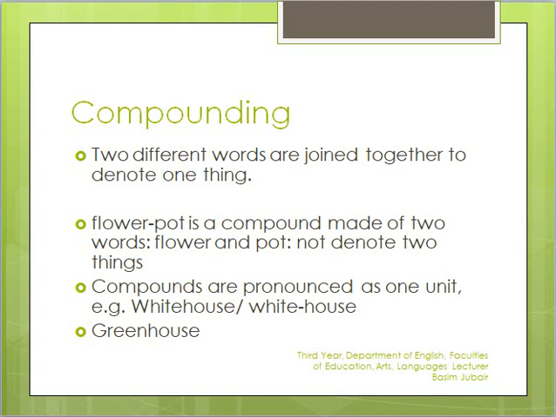If we say a flower pot, we cannot say flower pot, no, flower pot. Or white house, greenhouse, and so on. Why? Because the source of this word is a combination of two words.